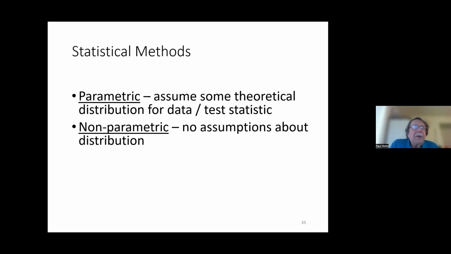So then we talked about, as far as statistical methods from the frequentist perspective, parametric statistics or non-parametric statistics. In parametric statistics, we're assuming that there's some theoretical distribution underlying our data and our test statistics. In non-parametric, we make no assumptions about these distributions.